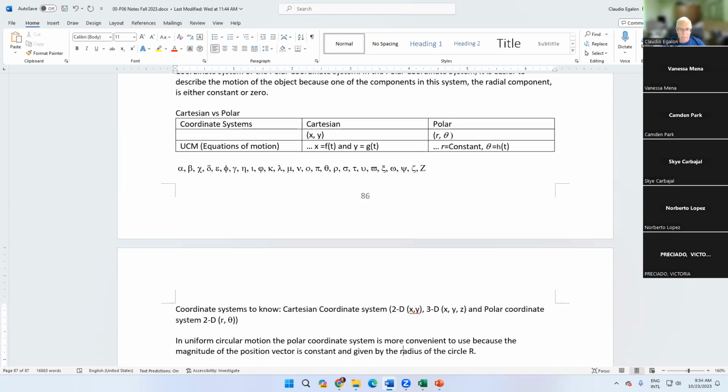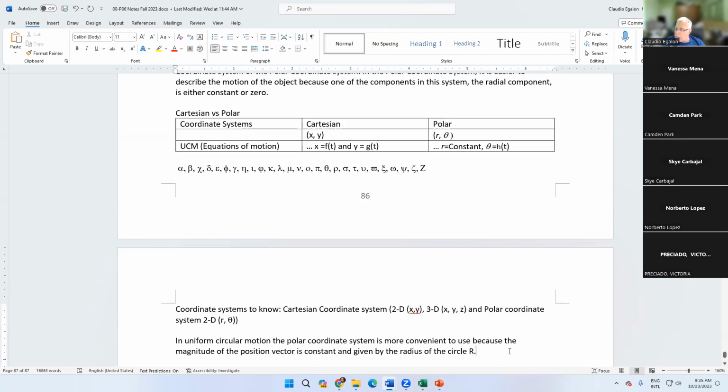Professor, I have a question. I Googled polar coordinates used in real life, and I found out that the polar coordinate system is very useful for satellite navigation systems like GPS.